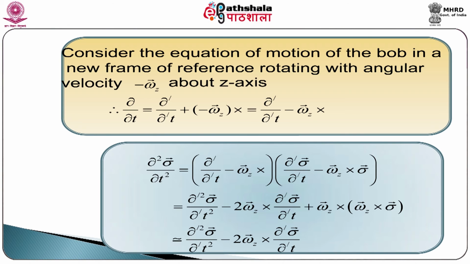After some calculation, we get ∂²σ vector/∂t² equal to ∂'²σ vector/∂'t² minus 2 omega vector z cross ∂'σ vector/∂'t plus omega vector z cross omega vector z cross sigma vector.